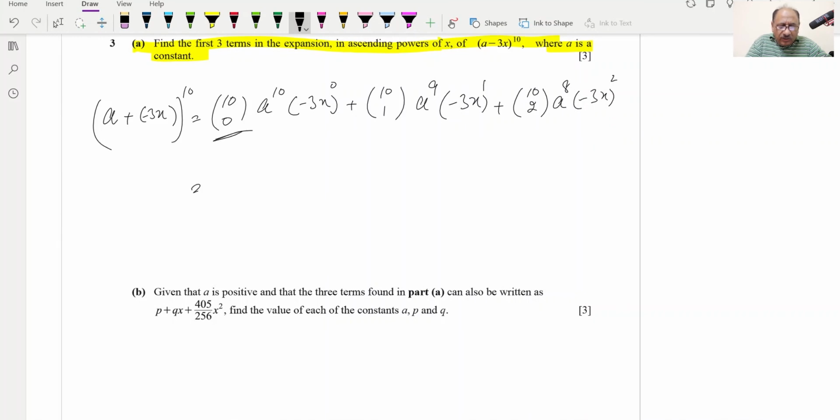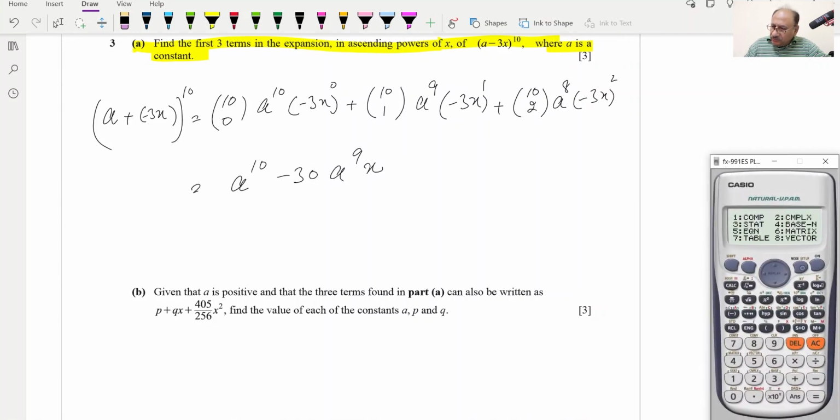We can write this as follows: 10c0 will be 1, and anything raised to the power 0 will be 1. So this will be a raised to the power 10 plus 10c1, which is 10. So 10 multiplied by minus 3x will be minus 30 a^9 x, and this will be 10c2. 10c2 we can check, will be equal to 45.